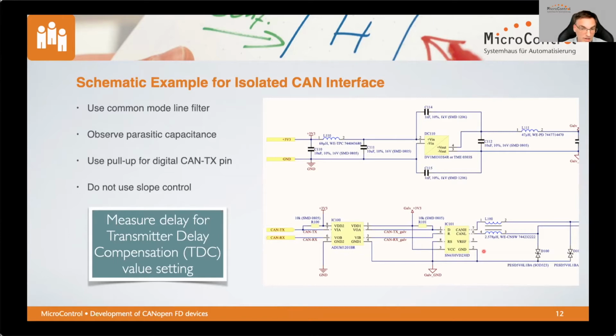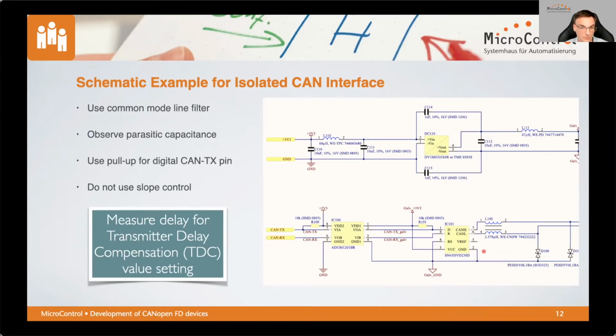Most of the new CAN transceivers have a built-in pull-up resistor there, but not all of them. So keep that also in mind when you're using that. And never ever try to use a slope control. This is really counterproductive for CAN FD designs if you're moving to a higher bit rate.